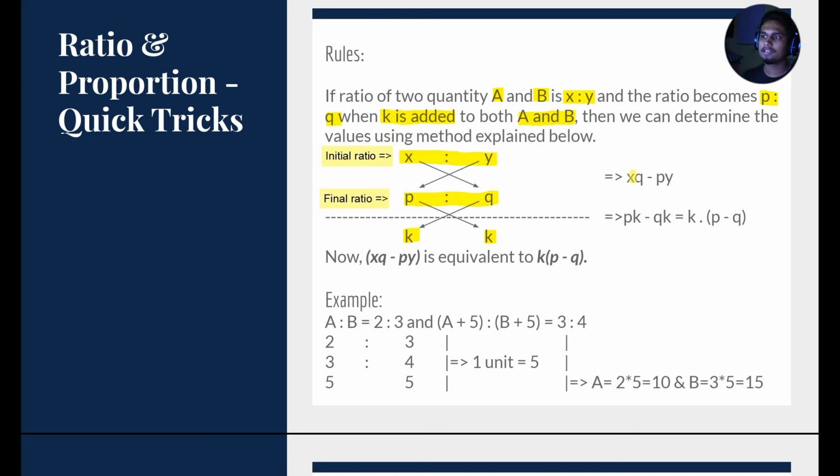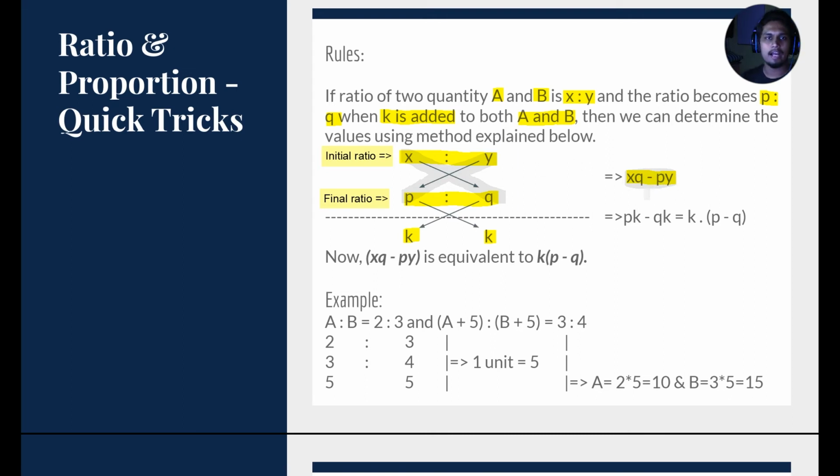How? This is the method. X into q means these two variables will be multiplied, and the next one is p into y means these two will be multiplied. You just have to get the difference of the products.